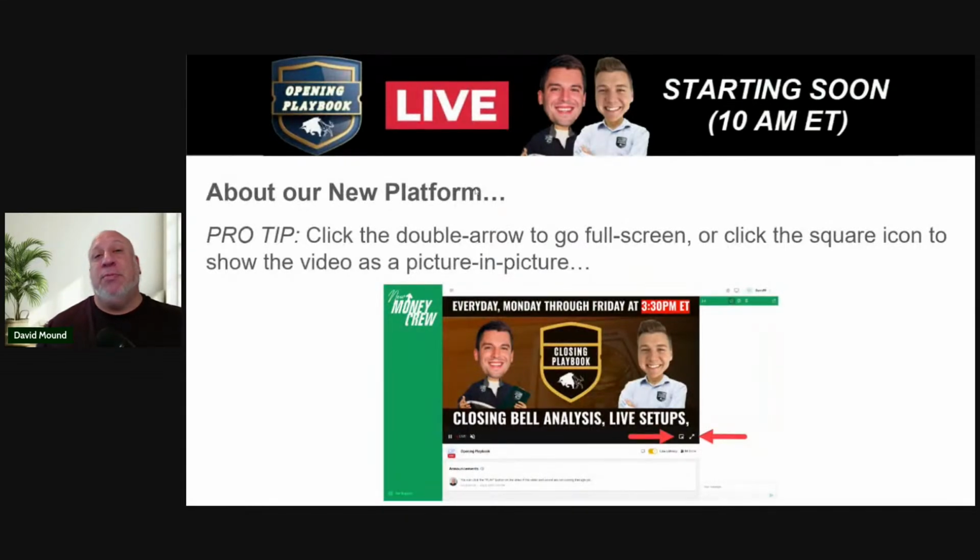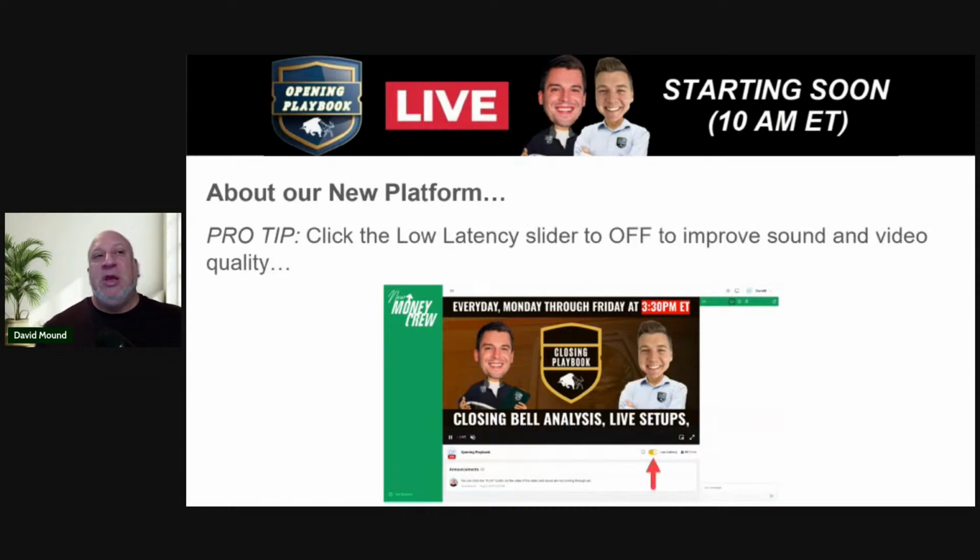This is both browser and platform or device dependent, so you may not be able to do it using all browsers or all devices. You can definitely do it using Chrome on a PC. And so Chrome seems to be the browser of choice if you want the picture in a picture functionality, but go ahead, give that a try if you're interested in maybe using your phone or a tablet and doing something else in the background while still watching and listening to the presentation.